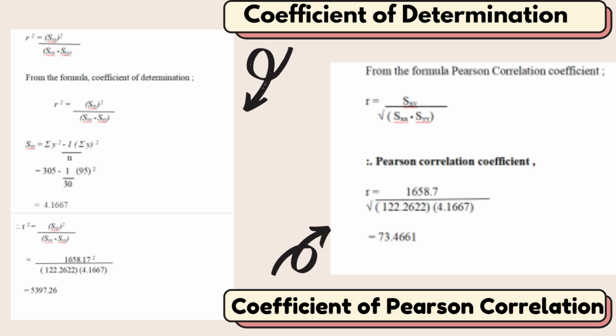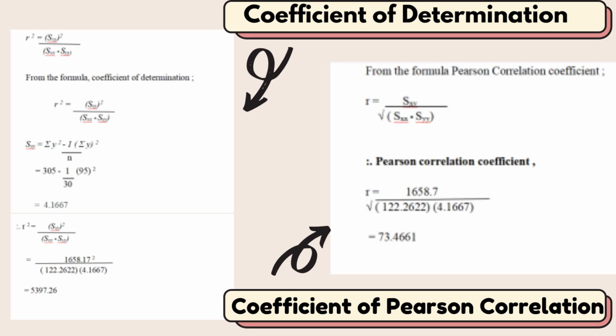The value of Syy can be found by summation y squared minus 1 over n times the summation of y, squared. After calculating, our Syy value is 4.1667. After our coefficient of determination equation is completed, we can get the answer of 5397.26.